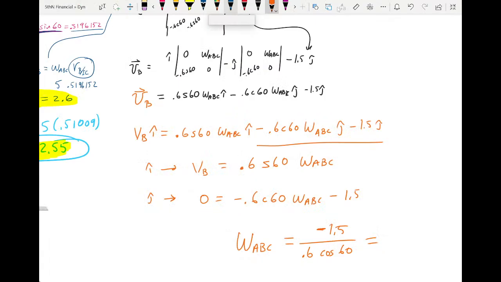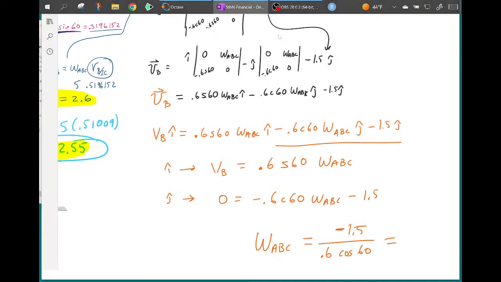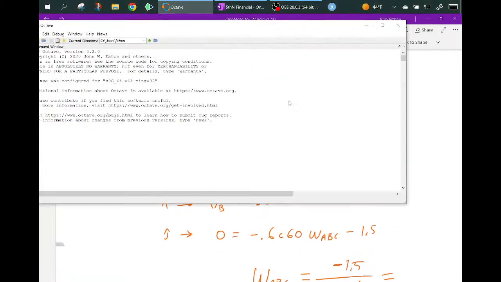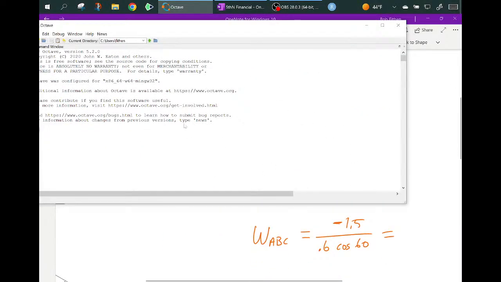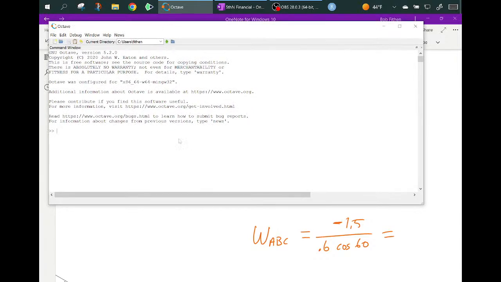No, it won't allow me to do that unless I come off the full screen. I get minus 5.